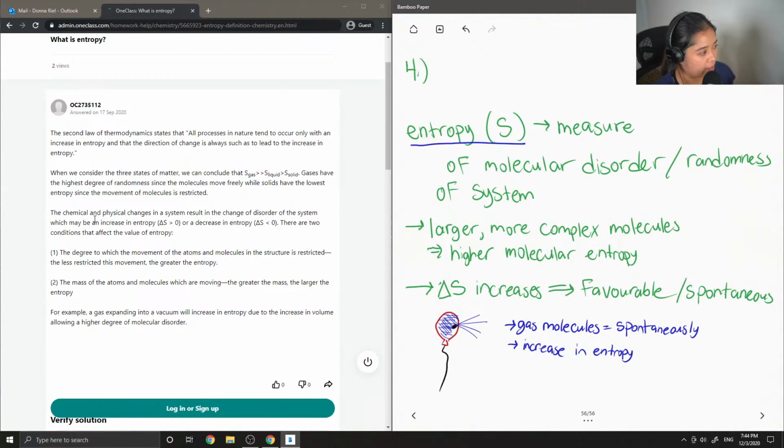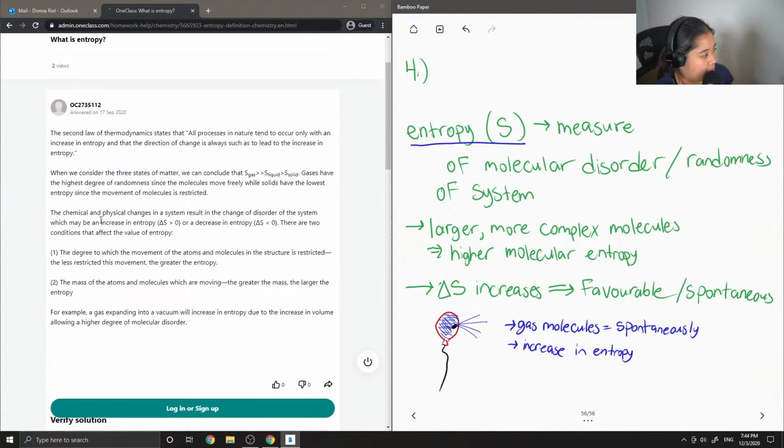The chemical and physical changes in a system result in the change of disorder of the system, which may be an increase in entropy, so delta S is greater than or equal to 0, or a decrease in entropy when it's less than 0. So there are two conditions that affect the value of entropy. The first is the degree to which the movement of the atoms and molecules in the structure is restricted.